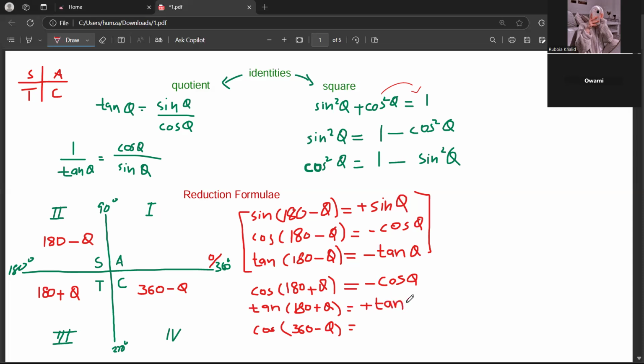So we are reducing this angle and we are saying this is equal to positive tan theta. Now, the last example is cos 360 minus theta. We say cos 360 minus theta resides in quadrant 4 and cos is positive in quadrant 4. That's why we will give a positive sign to the cos and we will say this is equal to positive cos theta.